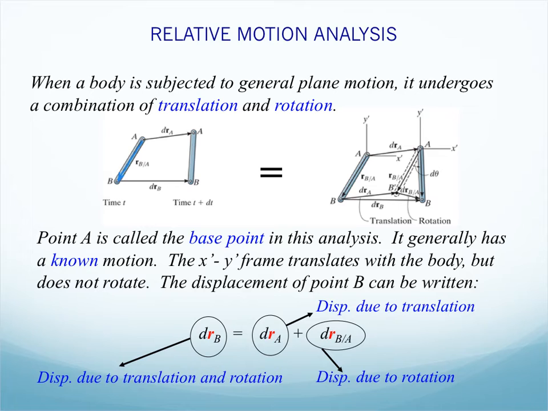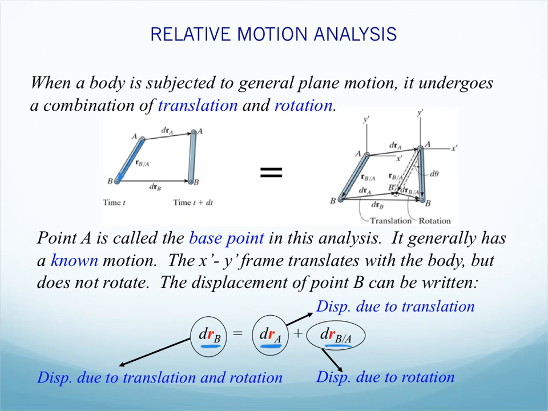And so what we basically are saying is the displacement of point B is going to be related to the displacement of point A plus some displacement due to rotation. So the first term is just because the whole thing translated, so it moved in the horizontal direction, but then also it rotated.